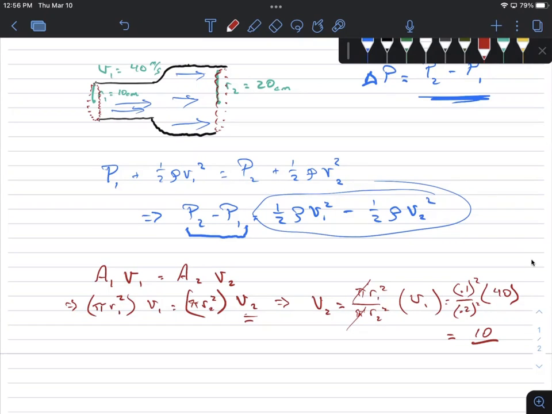Now, before I use it, can anybody tell me if this is right or wrong? Is this answer correct or is it incorrect? Correct. How do you know?